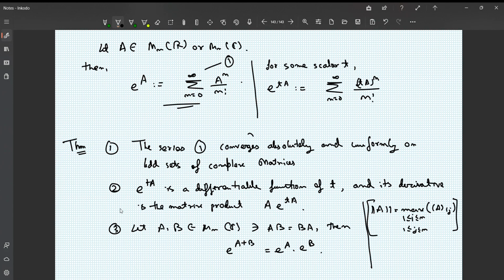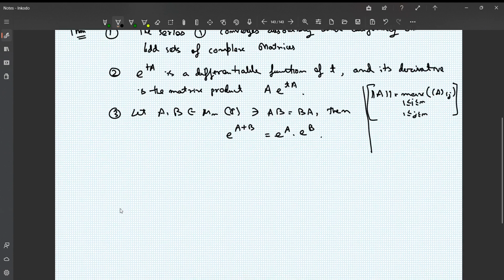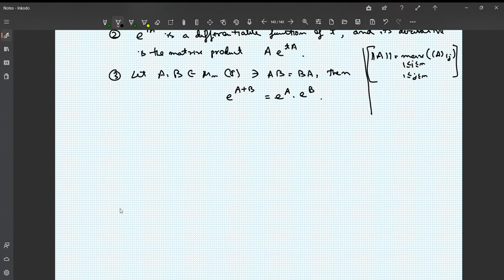Okay. What is an immediate corollary of this theorem?